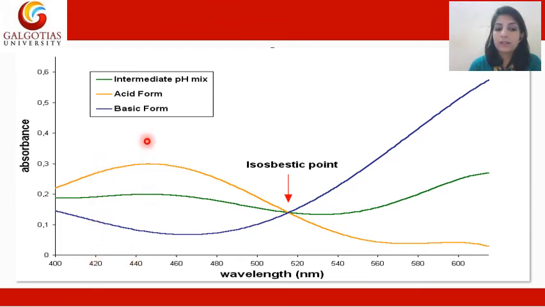At 440 and 460 they have different absorbance values, but somewhere around 515 they have the same absorbance value. So the wavelength, wave number or frequency at which they have the same absorbance value is known as the isosbestic point, and it is generally used for determination of indicators. It is specific for indicators.